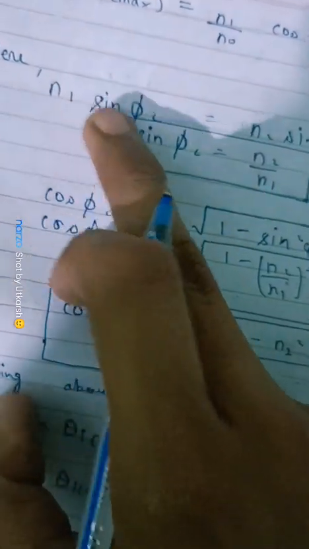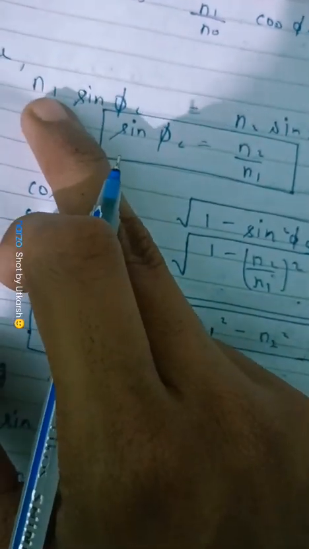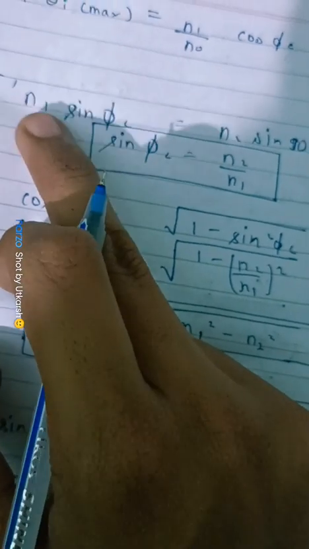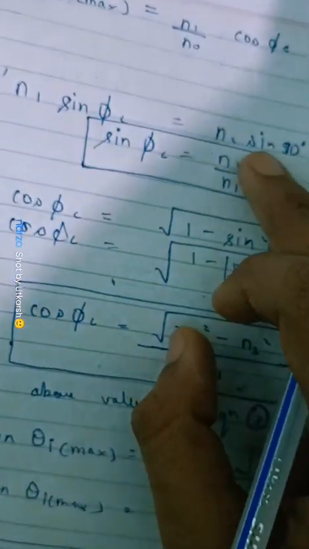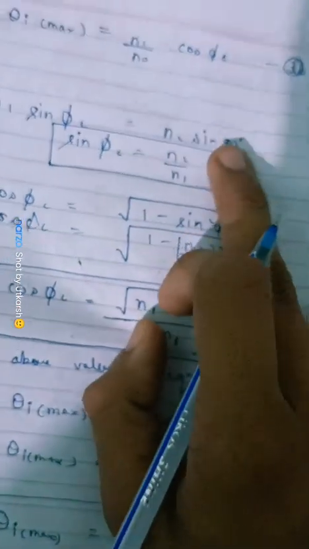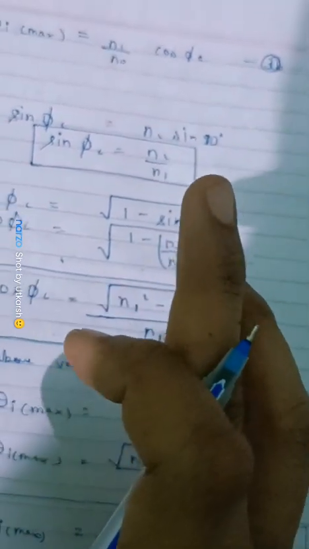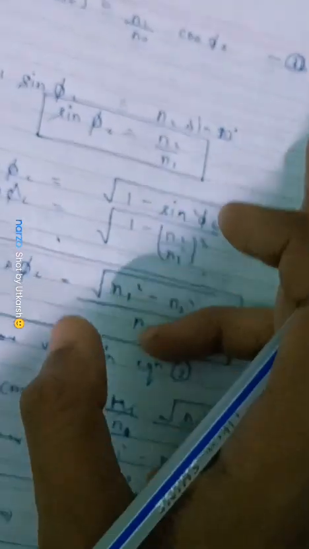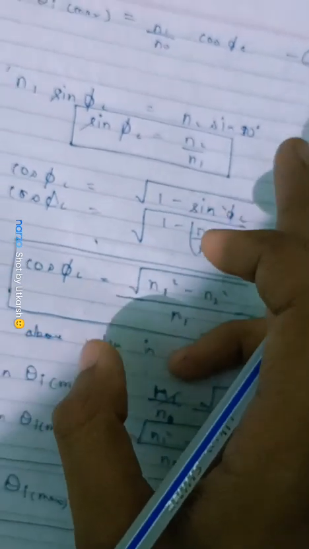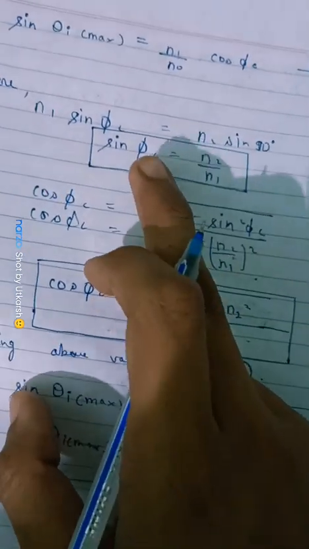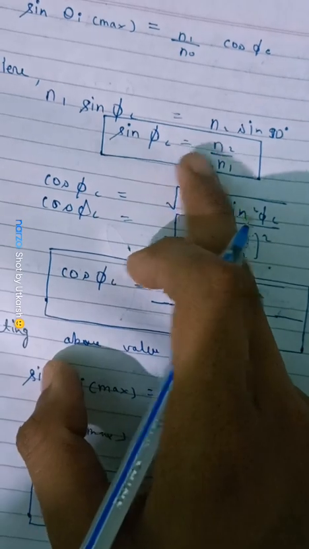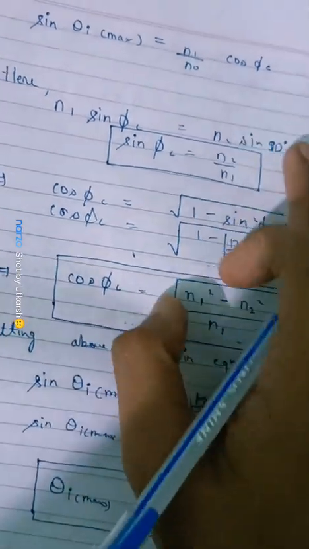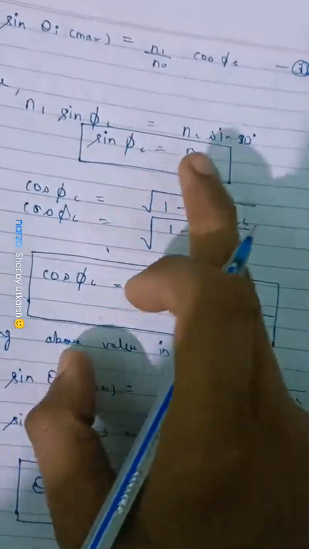So at the critical angle we get n1 sin phi c, where n1 is the core refractive index, equals n2, the cladding refractive index, times sin 90, the angle at which the ray is refracted. Now sin phi c equals n2 upon n1, as sin 90 equals 1.